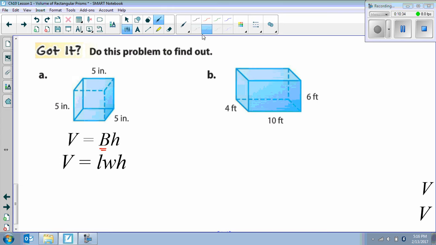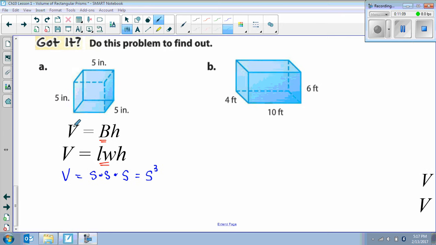Now, once again, there's something else that you're going to realize, that the length is going to be 5, the width is going to be 5, and the height is also 5. So all of the sides are the same. So you could write volume is equal to side times side times side, or side cubed. Those are S's, not 5's.